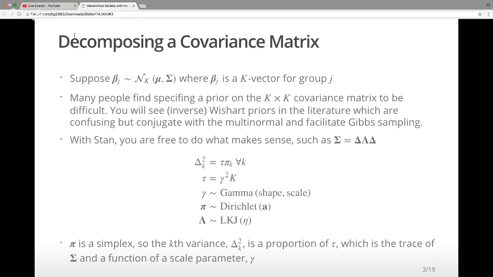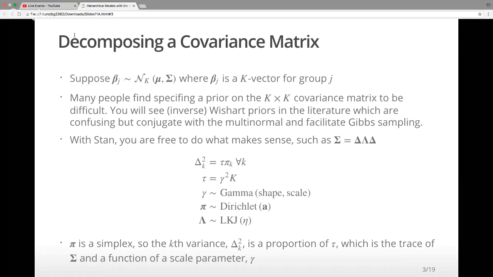So even specifying the parameter space, the collection of these k choose 2 plus k elements that satisfies the positive definiteness restriction, is already way too much for most people. And then to try to specify a prior distribution over that space that reflects their beliefs as to what sigma might be is really several bridges too far.